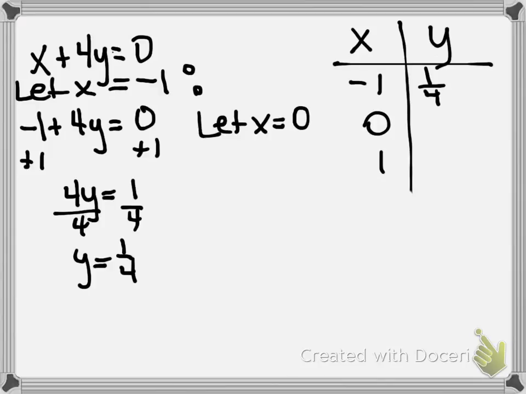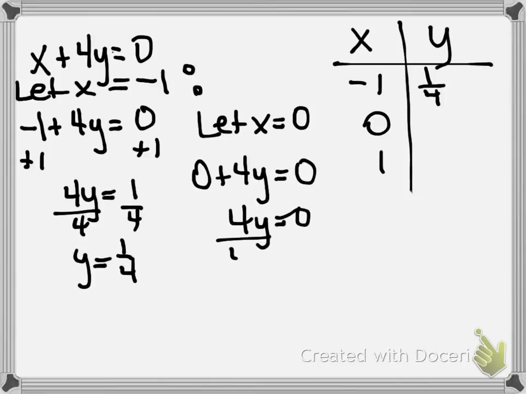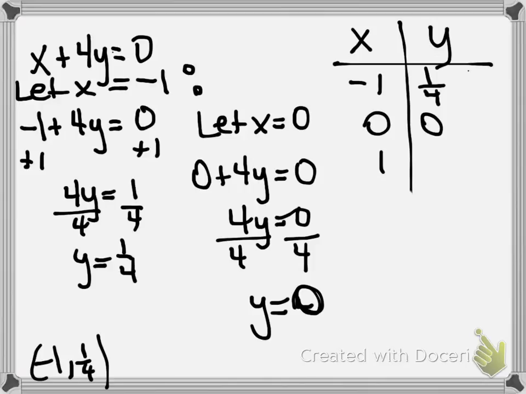So let's let x equal 0. So that means 0 plus 4y equals 0. So 4y equals 0. And when you divide by 4, y equals 0. So we have 2 points now. We have -1, 1/4. We have 0, 0. And if we were to let x equal +1, I'll just do that over here.